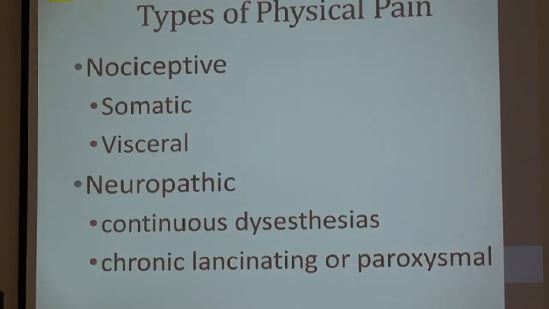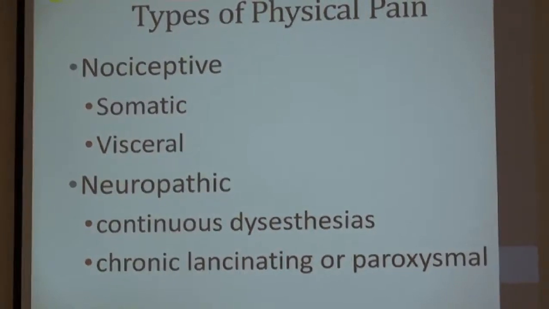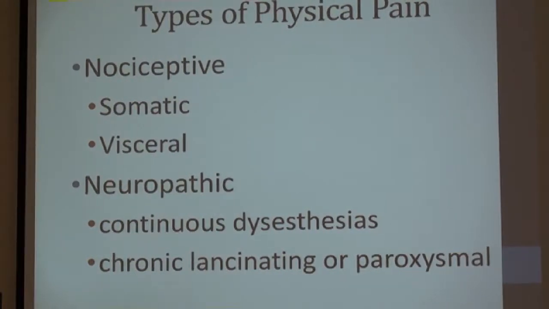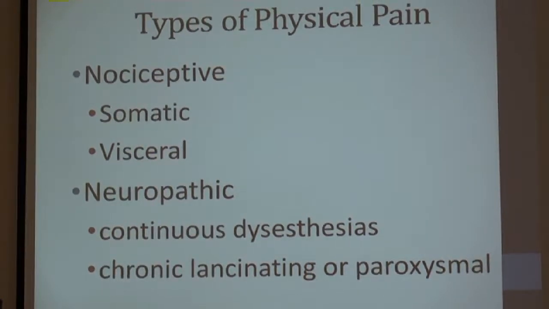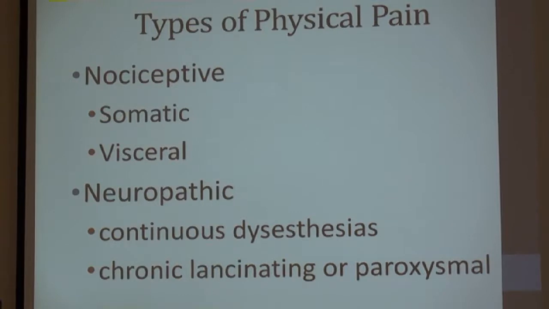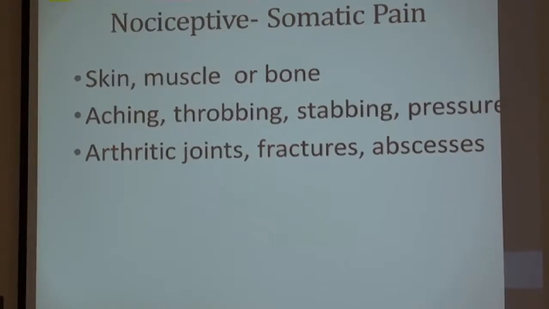So there are the different types of physical pain. We have nociceptive versus neuropathic. On the nociceptive side, we have somatic and visceral, and then on the neuropathic side, we have the continuous type of pain, and then the chronic lancinating or paroxysmal, which we see probably more in diabetics and with neuropathic pain and others as well.